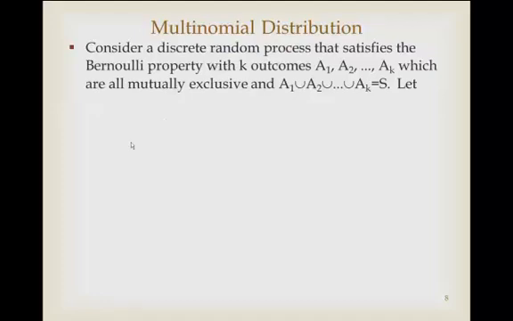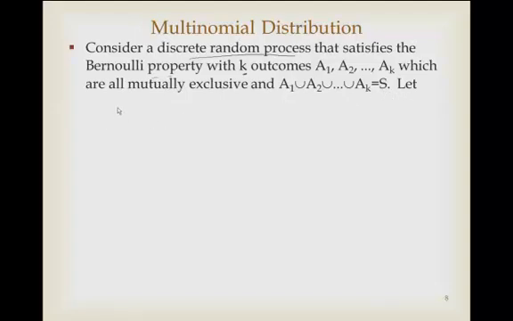Okay, now we'll get to the multinomial distribution. For the multinomial, we consider a discrete random process that satisfies the Bernoulli property with k outcomes, a1, a2, and so on. All of them are mutually exclusive, and all those elements add together to form the whole sample.